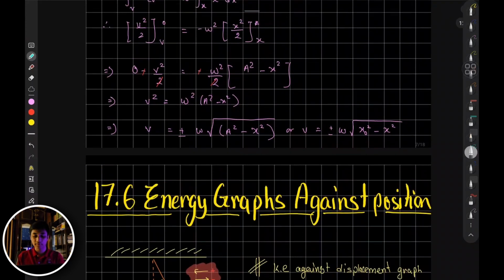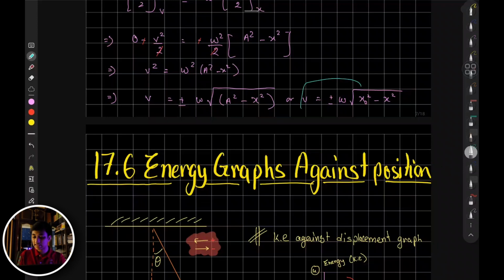If you remember from the previous video, this is the equation for velocity. Therefore, if indeed displacement is 0, what is the formula? v is plus minus omega x0, or v is plus minus v_max, where x0 is the amplitude or the maximum displacement.